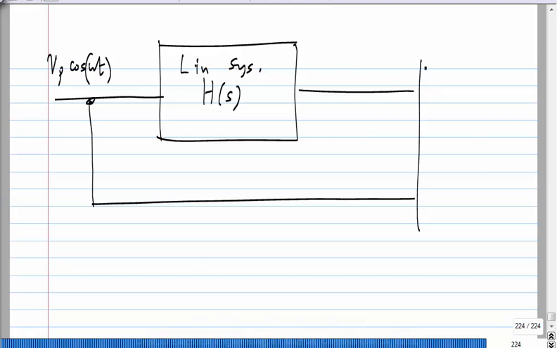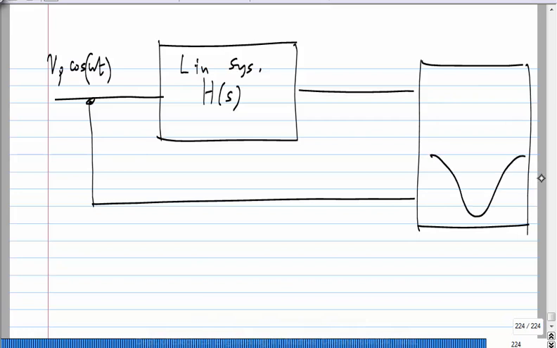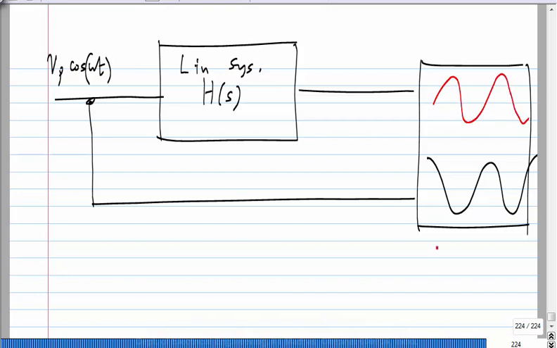If I feed both of these to an oscilloscope, okay. So, let us say Vp cos omega t looks like that, or maybe let me draw more than one cycle of it. What comes out will be something else, okay.